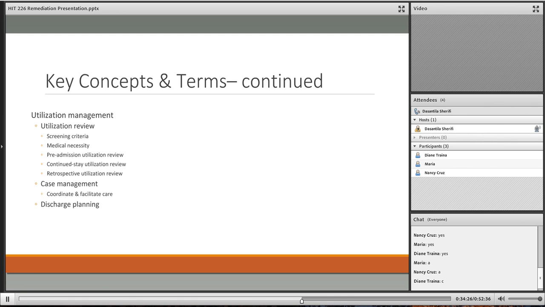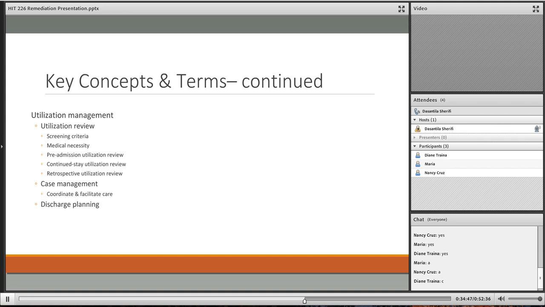Pre-admission utilization review: should this patient really be admitted for this condition, or can it be treated as an outpatient? Continued stay utilization review: should this patient stay for an additional 2 days in the hospital or not? Perhaps they should be moved to a rehab unit.